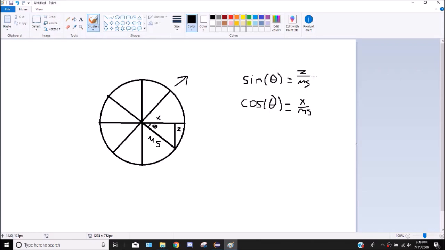Using some multiplication, we can get the ms onto this side, so ms times sine, and ms times cosine, and this is going to get our z and x values. Just finish that math equation up. So the final equation is x is equal to ms times cosine of theta, and z is equal to ms times sine of theta.